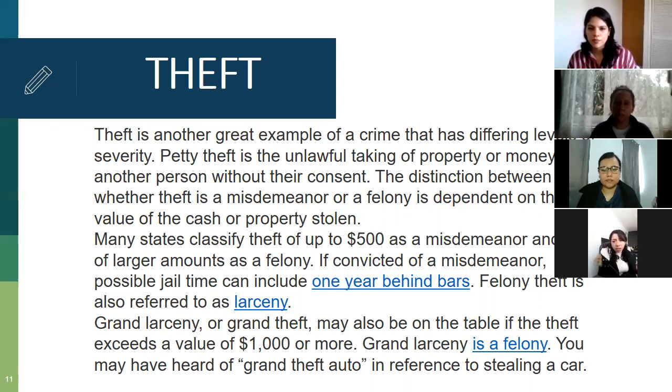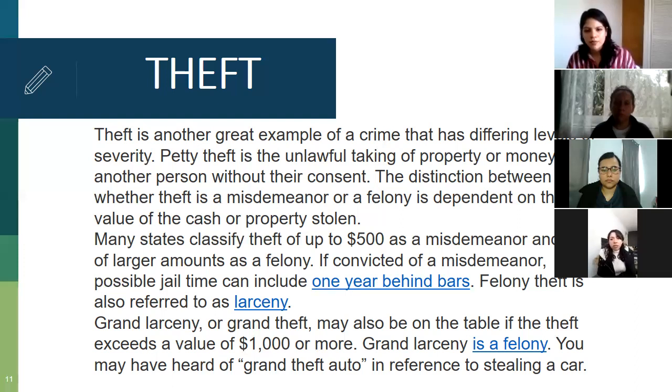However, the distinction between whether it is a misdemeanor or a felony depends on the value of the cash or property stolen. Many states classify theft up to $500 as a misdemeanor, and larger amounts as a felony.